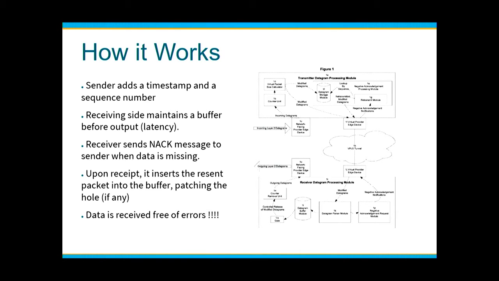Upon detection of a lost packet, the receiver is going to request a retransmit to the sender for that missing data. And this is all done in real time. Finally, upon the receipt of that missing data, the receiver inserts the packet into the buffer, and this all happens before that part of the content is delivered to the receiving player or whatever it is that's on the other side.